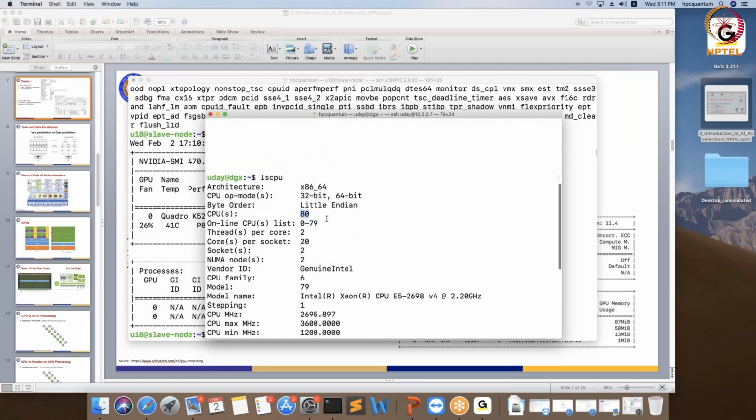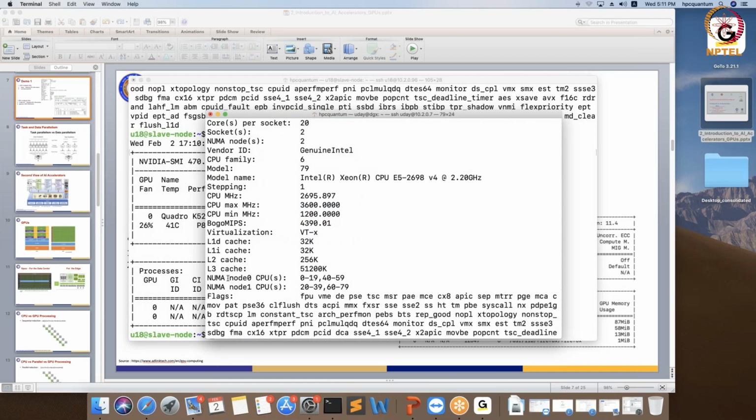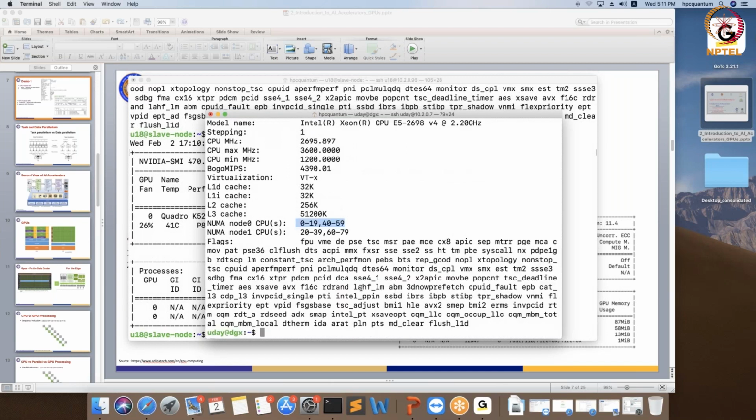And you have 20 cores per socket. Then on node 0 the CPUs are 0 to 19 and 40 to 59, and node 1 has CPUs 20 to 39 and 60 to 79. So this is a DGX server, DGX-1.